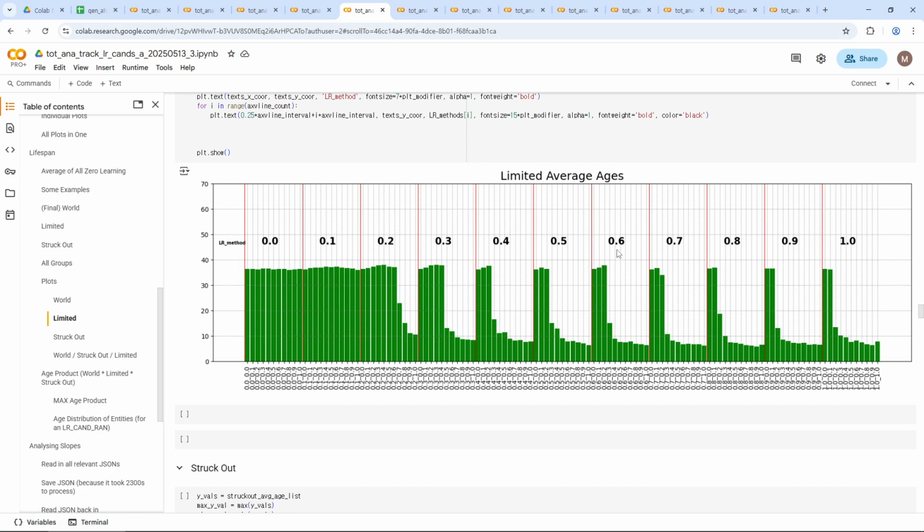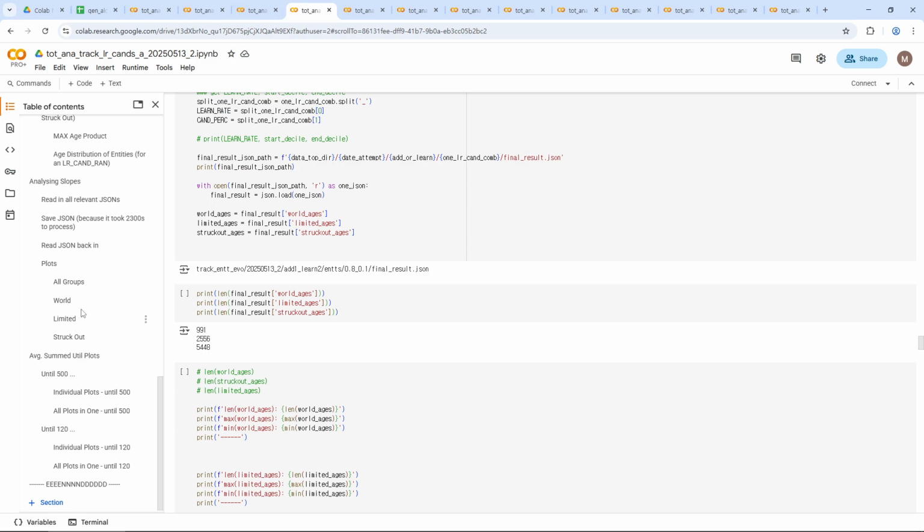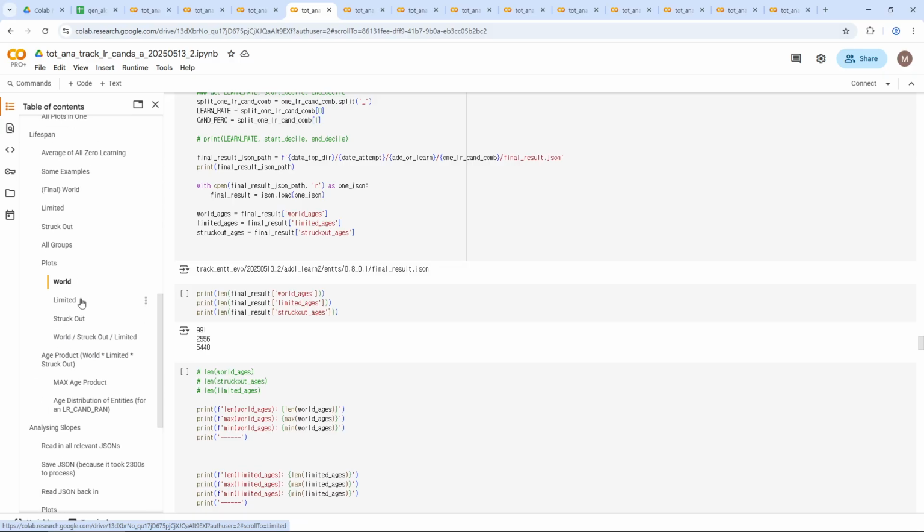Limited, does that mean we have lower numbers for the limited? Lifespans, limited.